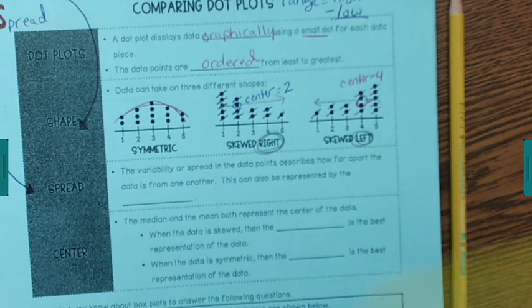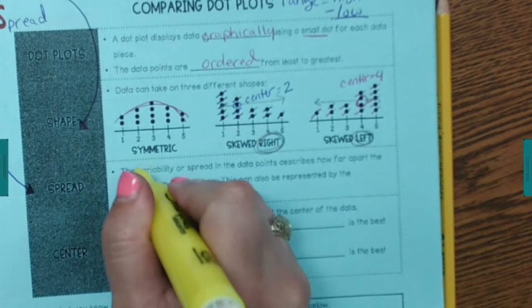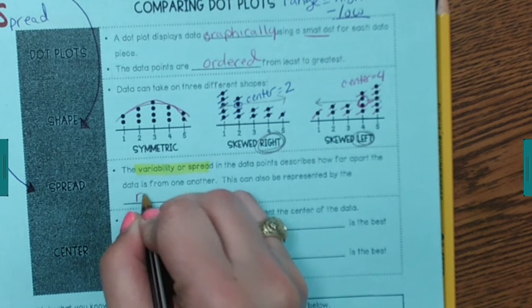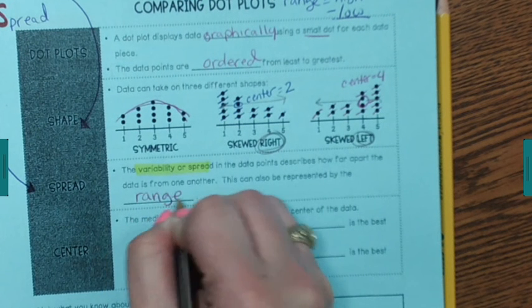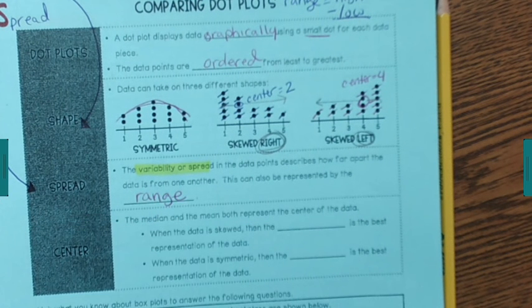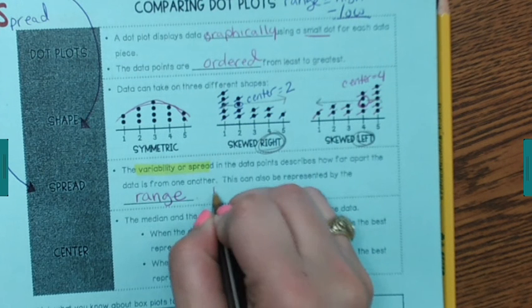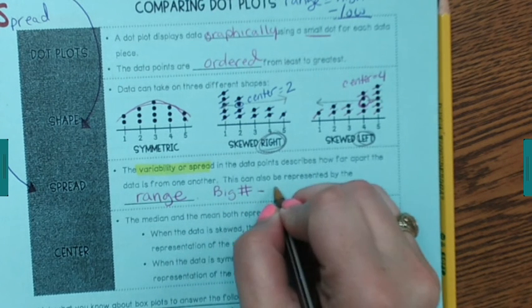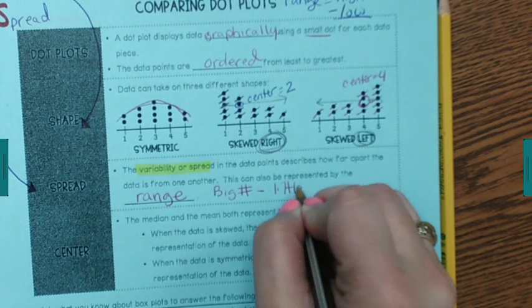You're going to see the word variability or spread on your homework. Spread is just another fancy word for range. It wants to know how far it is spread out. It's just the range. And how do you find the range? Your big number minus your little number.